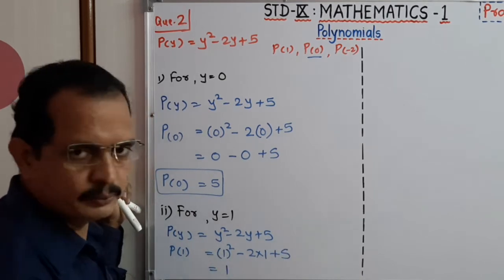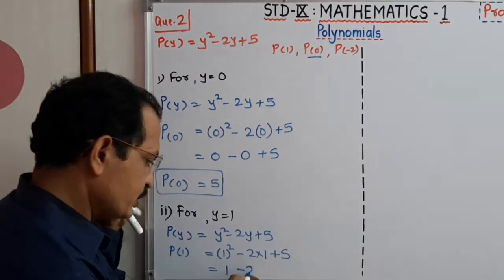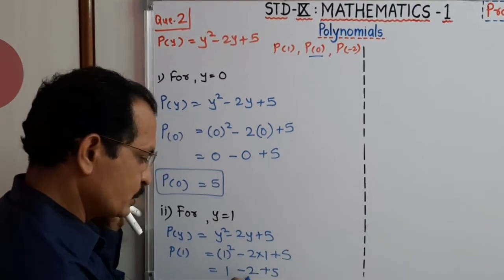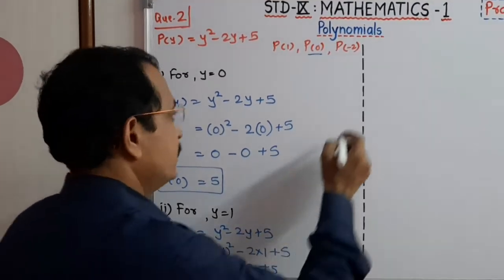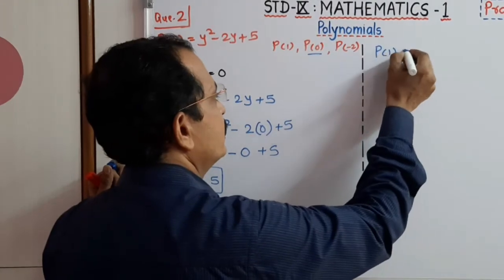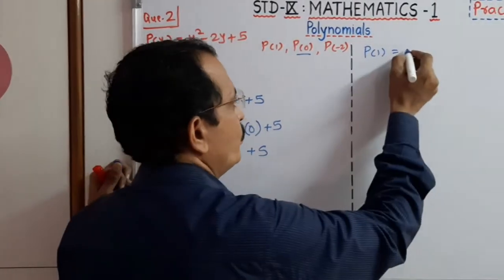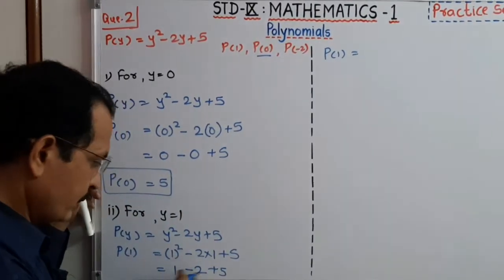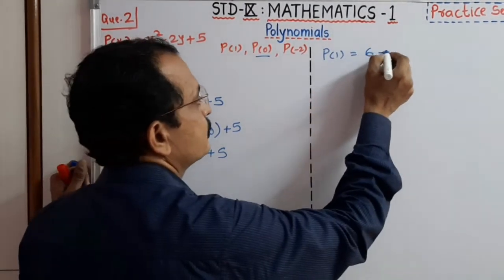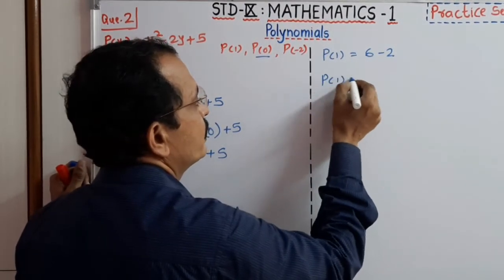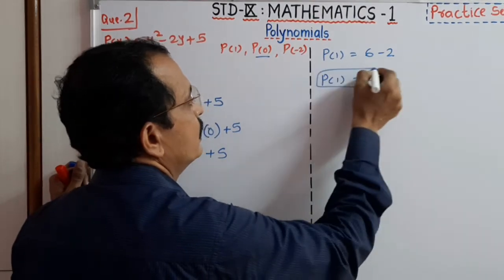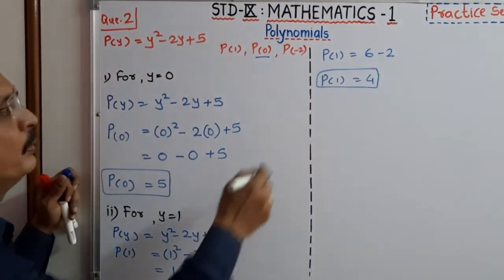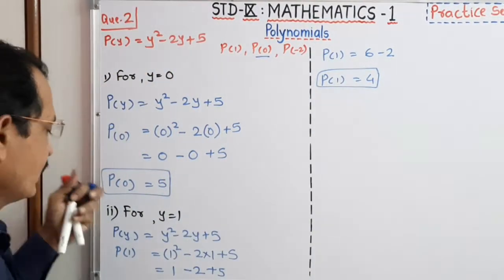Square of 1 is 1, minus 2 into 1 is 2, and plus 5. Therefore P(1) is equal to 1 plus 5, it is 6, minus 2. Therefore P(1) is equal to 4. Dear student, we get P(1) as 4.